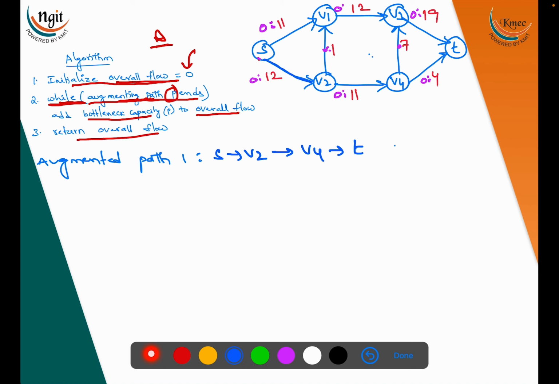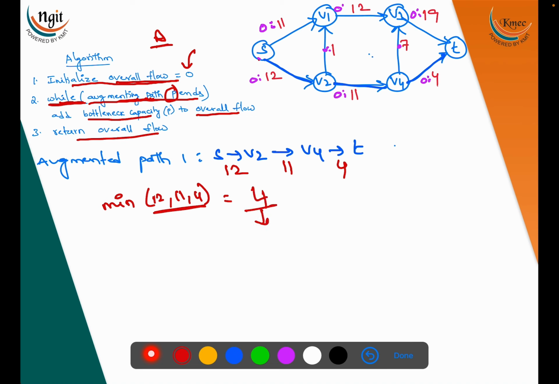This is S, V2, V2, V4, V4 to T. Now what are the capacities? S to V2 has capacity 12, V2 to V4 is 11, and V4 to T is 4. The augmenting path is the path that exists from source to destination. Out of this you calculate the bottleneck capacity, which is the minimum value among these three, that is 4.